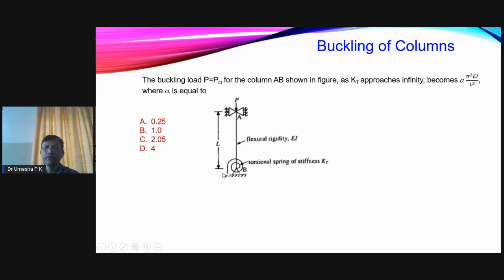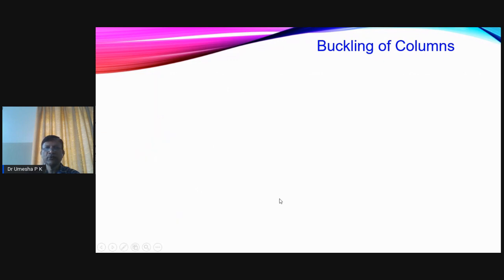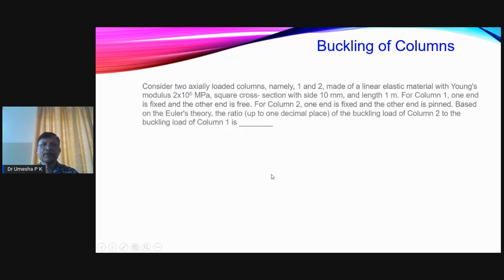Here, fixity means a fixed condition, so hence option D. Fixed will be 4 times, with L by 2 effective length. So π²EI/L², with L equal to L by 2, it will become 4 for the fixed column. The answer will be D.